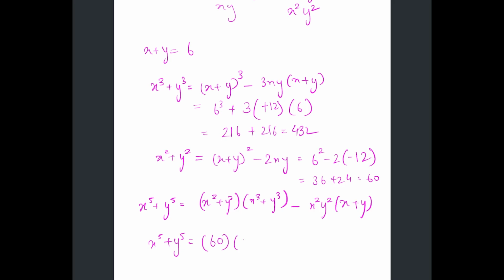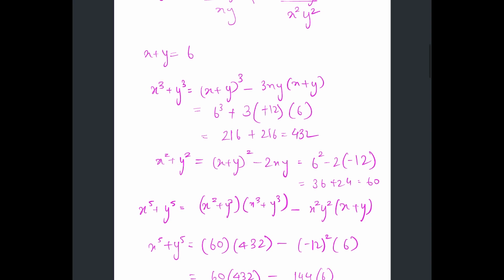So x^5 plus y^5 equals 60 into 432 minus minus 12 the whole square into 6, right? So this gives us 60 into 432 minus 144 into 6, right?